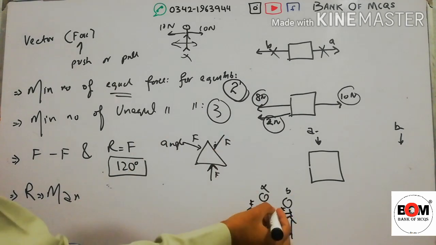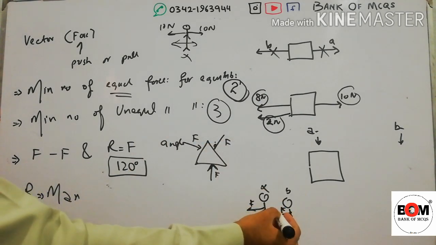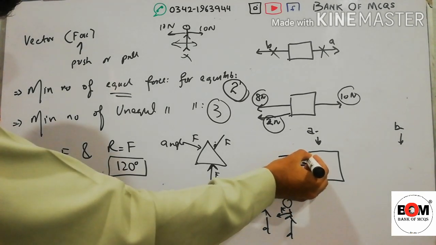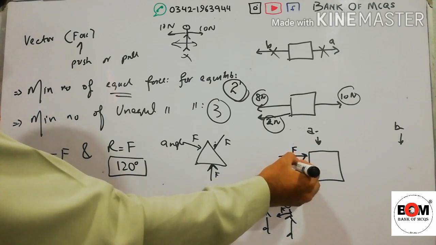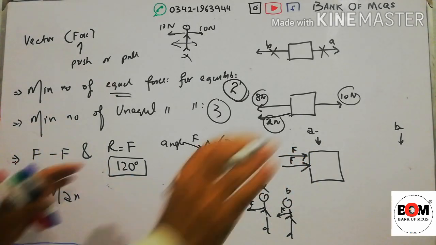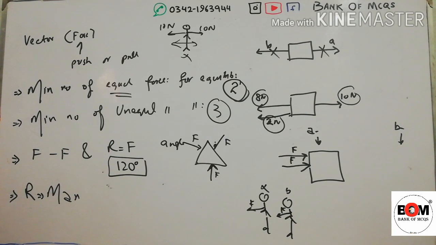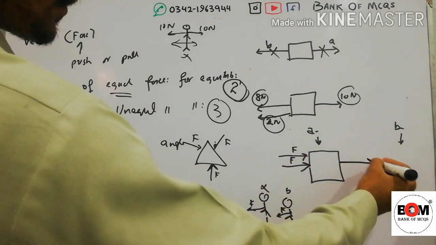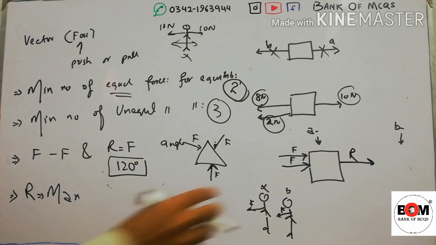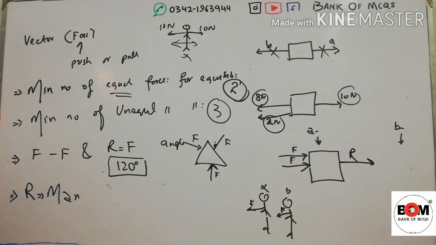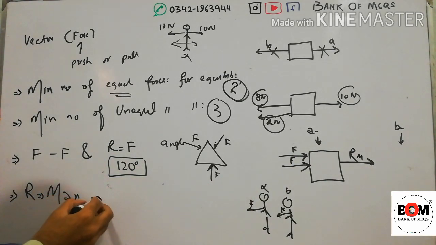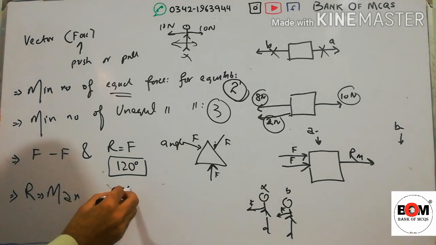To get the maximum resultant of these forces, they must apply the forces parallel to each other, in the same direction. Only in that case can we get the maximum resultant. So for the maximum resultant of forces, the angle is 0 degrees.